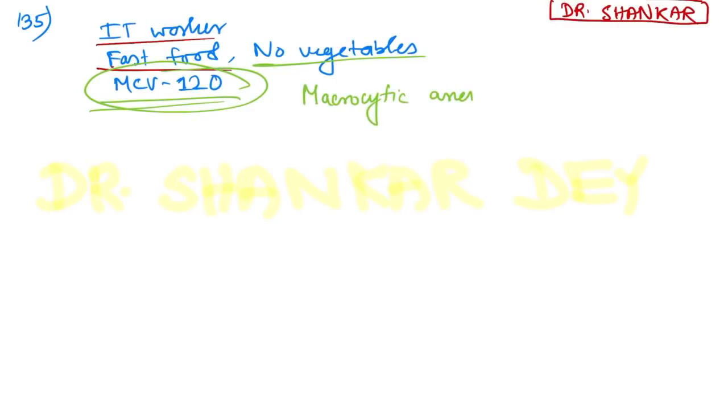Both options were given, vitamin B12 and folic acid. This is a controversial question because national level faculties are making controversy among themselves. Someone is telling it is vitamin B12 deficiency, some faculty is telling it is folic, but I think this is folic acid deficiency. I don't know.